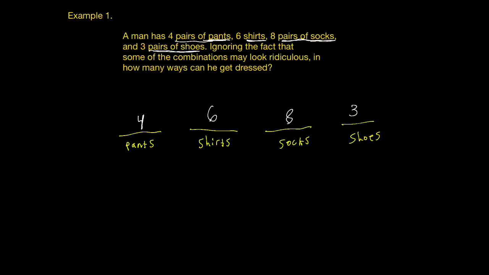And now to get how many ways this man can get dressed, we just multiply all of these together, 4 times 6 times 8 times 3, and we can input this in a calculator. And here we get a total of 576 different ways.